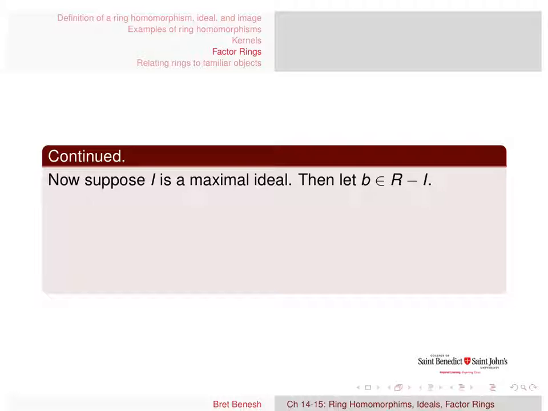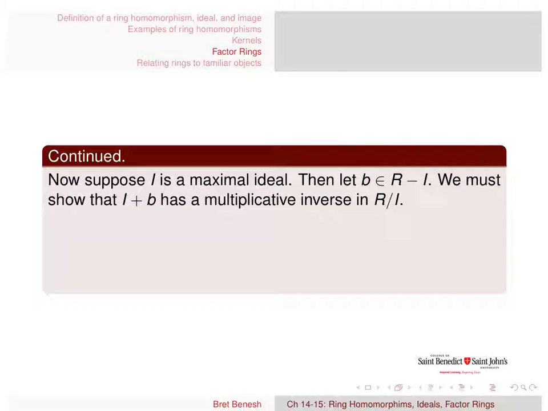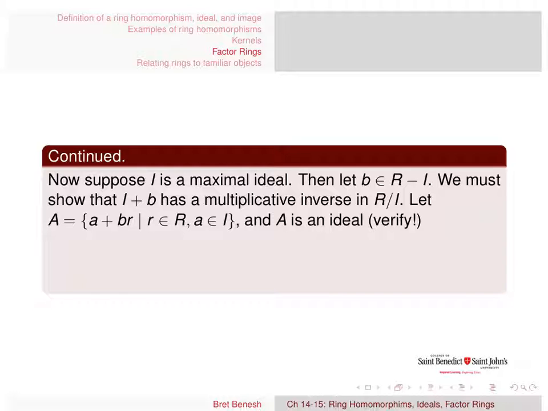So let b be outside of I. I'm going to show that this has a multiplicative inverse. So let's see. I'm going to pick an A that is defined to be this, and this is an ideal. How can you verify it?